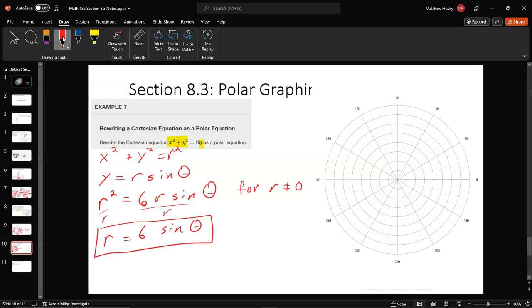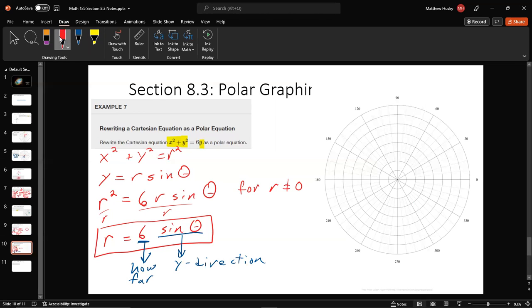So what this is going to look like is, sine means you go in the y direction, and then this is how far you go.